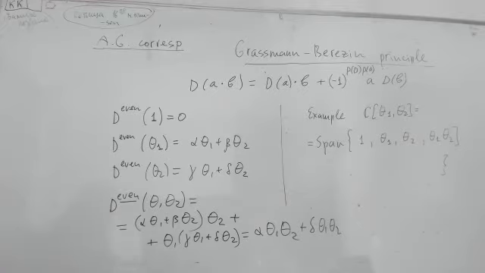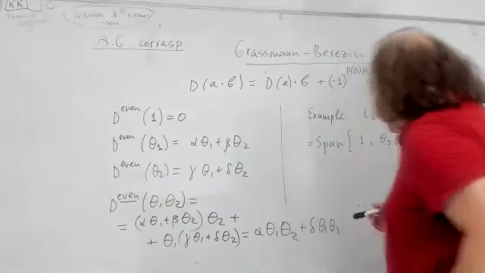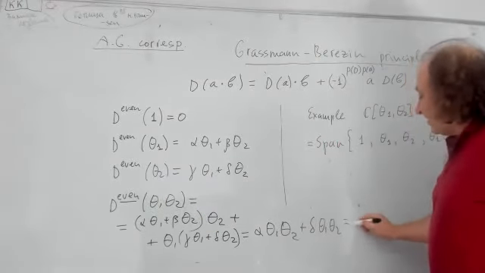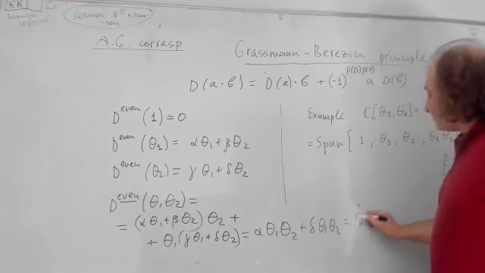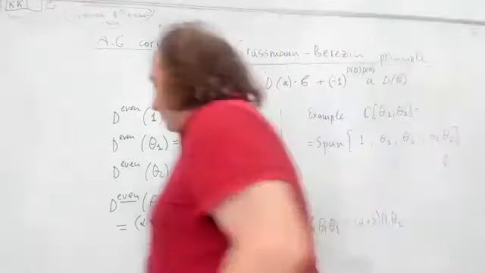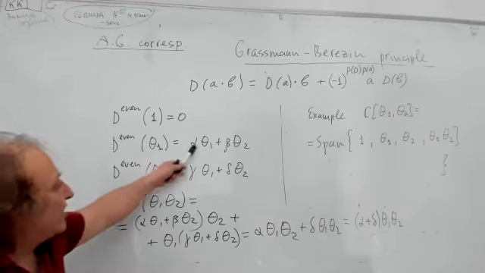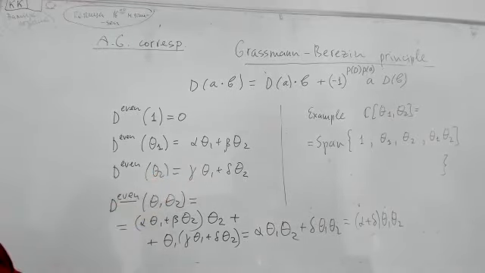Isn't it interesting? So this is alpha plus delta, theta 1, theta 2. If we consider this as a matrix, what is alpha plus delta?